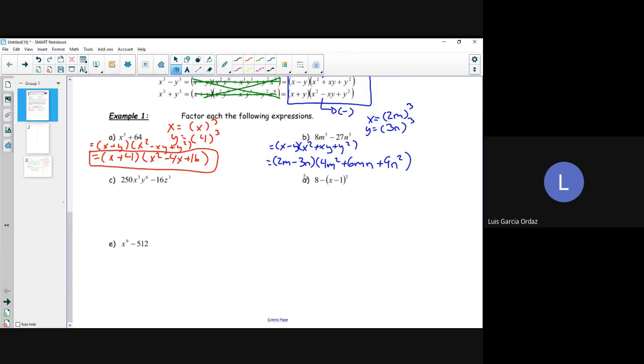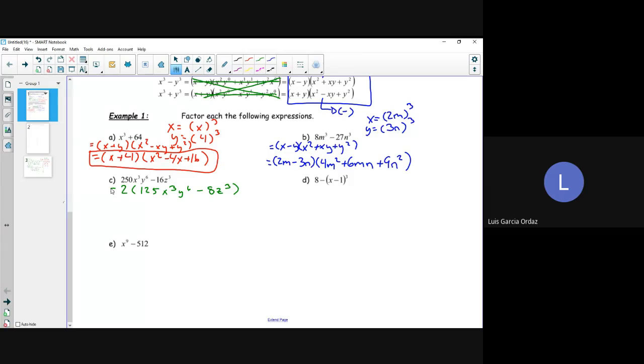So what number do we need to factor out from 250 and 16 to get a number that has a cubic root? We're going to factor out a 2. So we get 2 times 125x to the 3, y to the 6, minus 8z cubed.